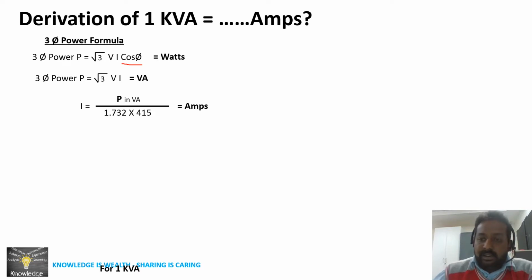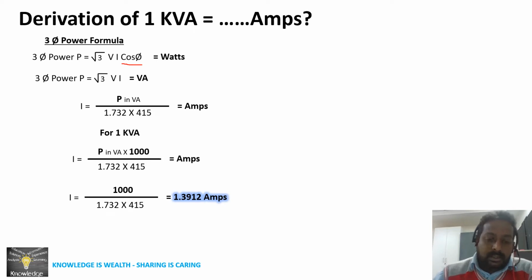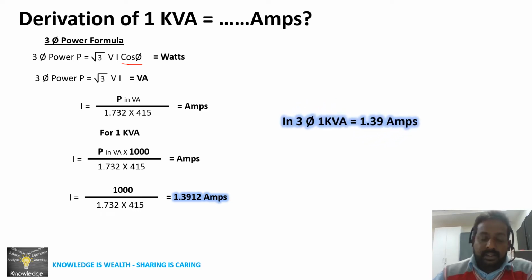So to derive for 1 kVA, I is equal to 1000 divided by 1.732 into 415. The answer is 1.3912 amperes. So now we know in three-phase power 1 kVA is equal to 1.39 amperes.